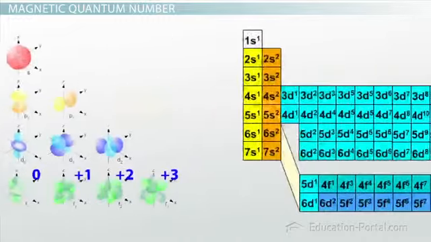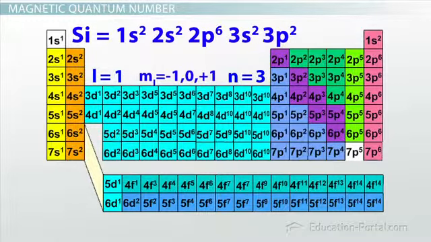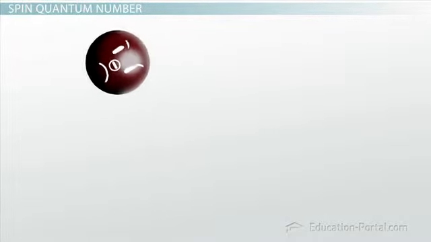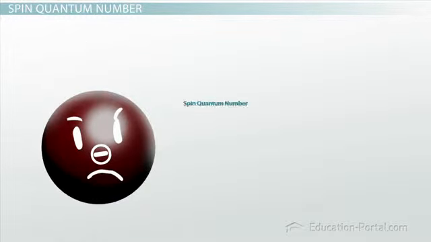That last electron that we put in the silicon atom would have an N equal to 3, an L equal to 1, and an ML equal to either -1, 0, or +1, representing the 3 possible positions the p orbitals can have. The final quantum number doesn't deal with size, shape, or position of the orbital, but the actual electron itself.